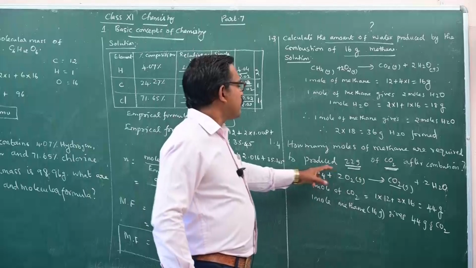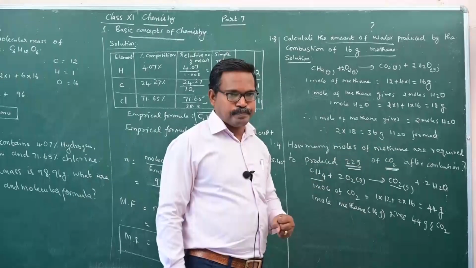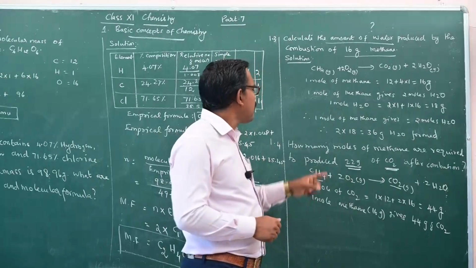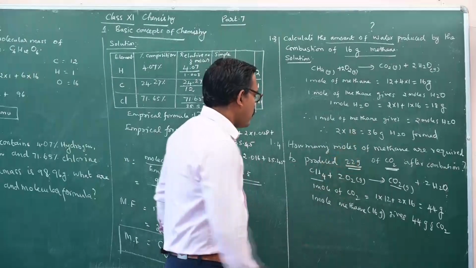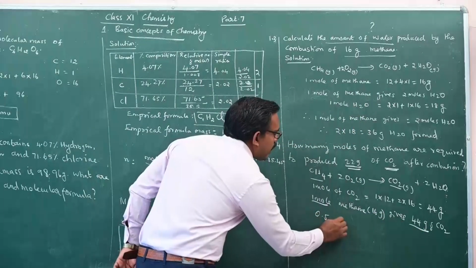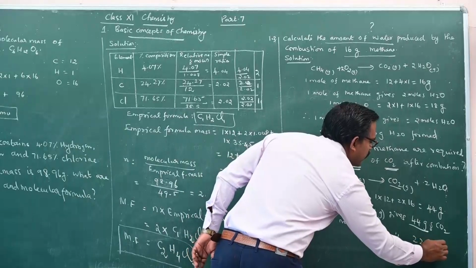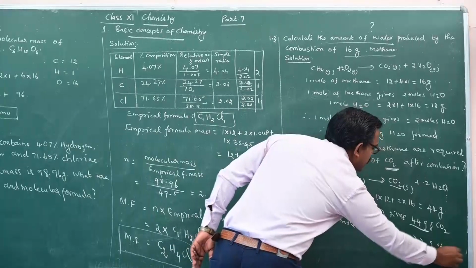But in the case of 22 gram of carbon dioxide obtained, how much quantity of methane is required? 1 mole gives 44 gram. 0.5 mole of methane gives 22 gram of carbon dioxide.